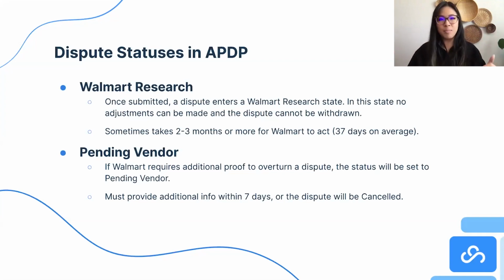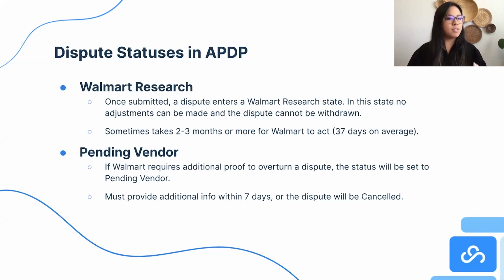You can't touch them anymore until Walmart pushes them back to you, either pending more information from you, or they reject them outright, and then you have to restart the whole process. And as we mentioned earlier, and as you guys probably all know, Genpact takes a long time to review anything. So we just want to make sure that you're not stuck for that 2 to 3 month window that we talked about earlier, just because you forgot to attach a bill of lading or whatever it is. So just be aware of that.